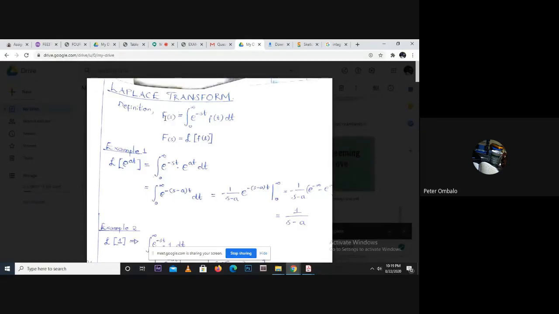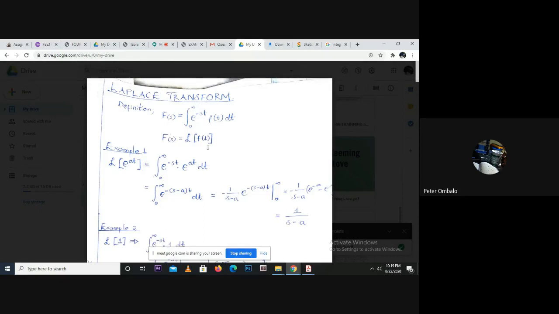So mathematically, the Laplace transform can be represented as this. F of s is basically to transform a function into S domain. You get the integral of e to the negative st, and then you multiply by the function. So this is the formula we are going to be using to get the Laplace transform of any function that we have, right?